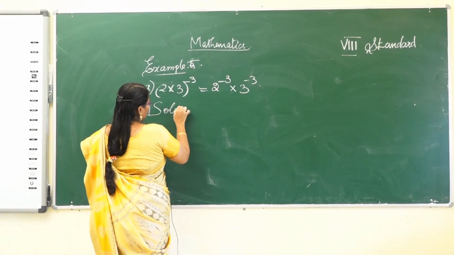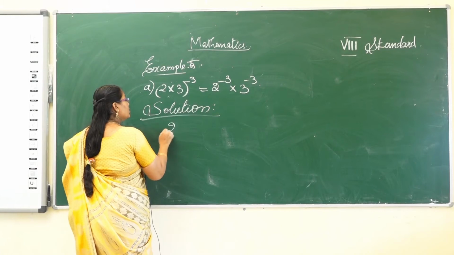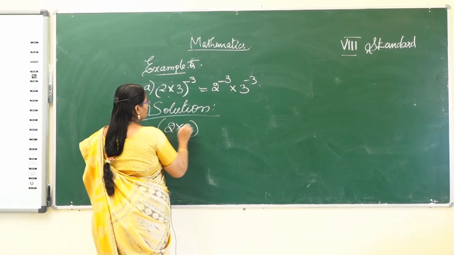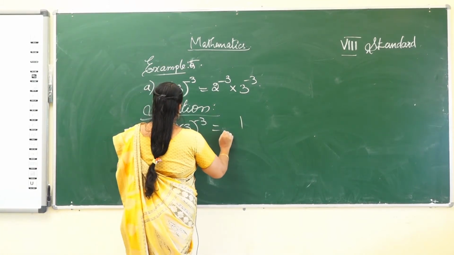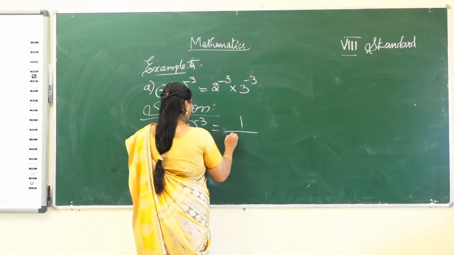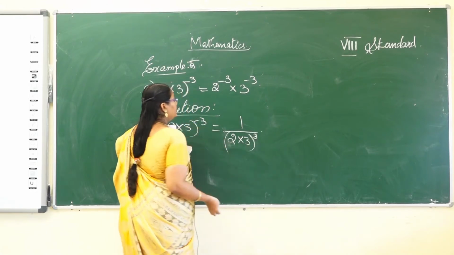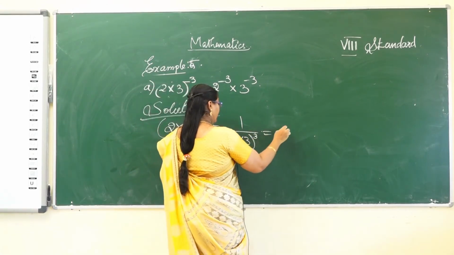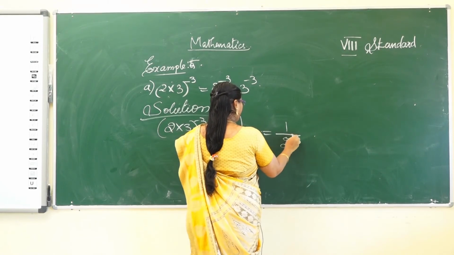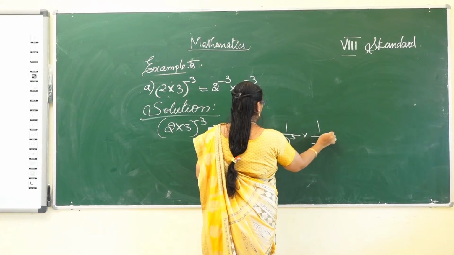Solution: first consider the left hand side. (2 into 3) power minus 3, negative exponent is given, so I want to write (2 into 3) power of 3. So it can be written as 1 by 2 power 3 into 1 by 3 power 3.